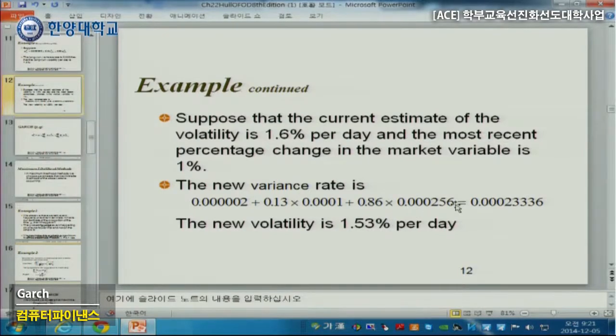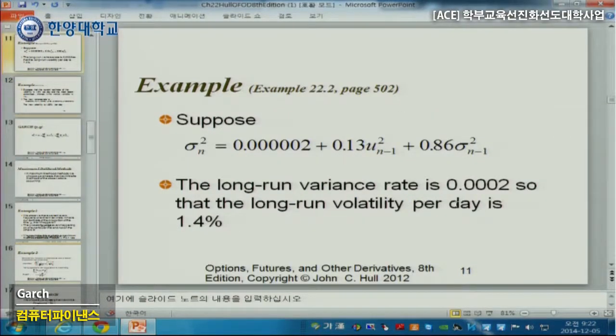Any questions? Of course, I will show you how to estimate this, but somehow we estimated today's volatility, and we put the square of that here.